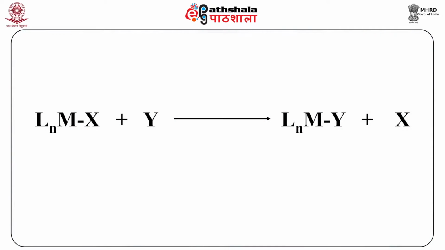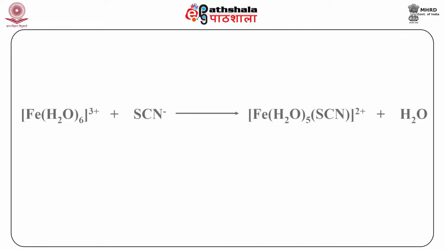The schematic diagram for the reaction is shown here, in which LnMX, when reacted with Y, has Y substituted in place of X, and this reaction is called a displacement reaction. The example for the same is when hexaaqua iron(III) complex is reacted with thiocyanate ligand, a water molecule gets easily displaced and the complex [Fe(H2O)5SCN]2+ is formed with removal of a water molecule.